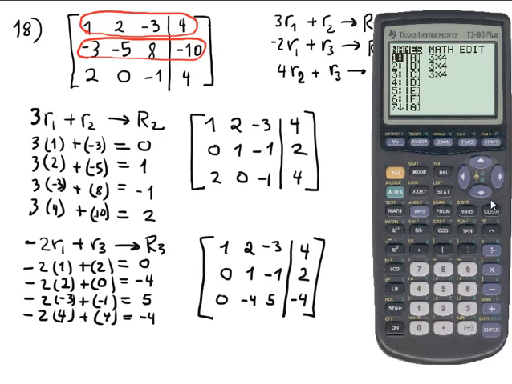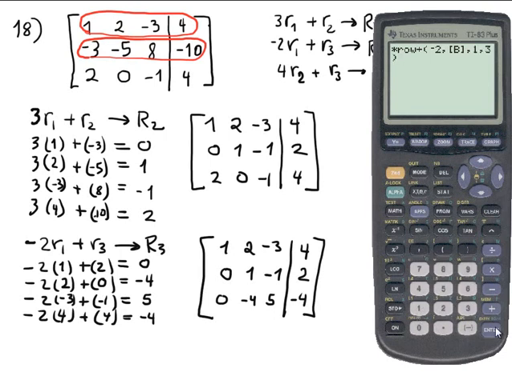Second matrix, math, row operation, option F. The factor is negative 2, comma, second matrix, select B, comma, 1, comma, 3.